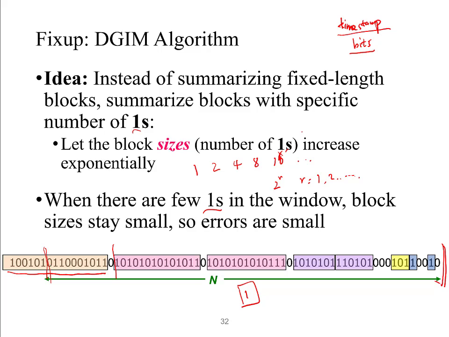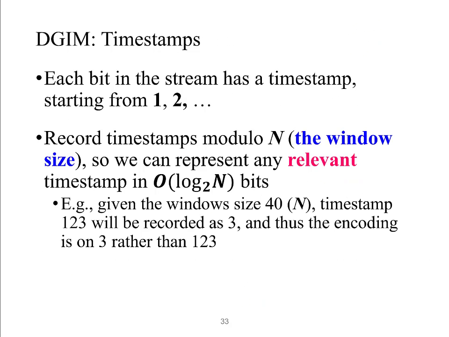So they are basically equivalent. For the solution, you use the same solution. Right. So for time steps, each bit in the stream has a time step. It starts from 1 and then 2 and 3, and so on and so forth, starting from the beginning of the stream.